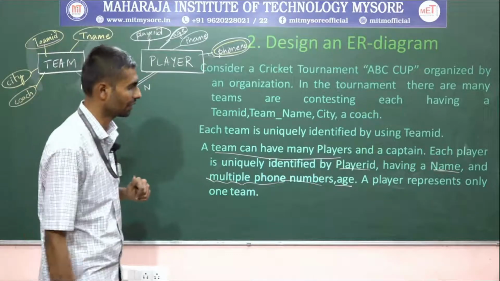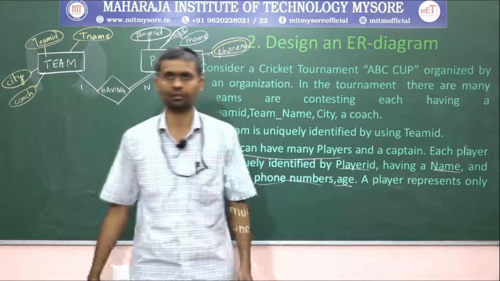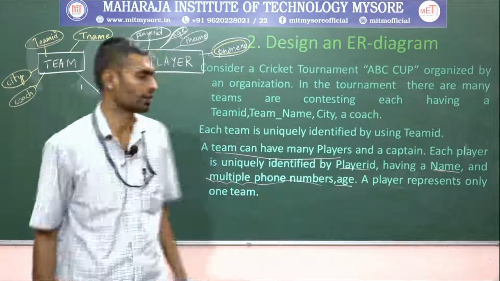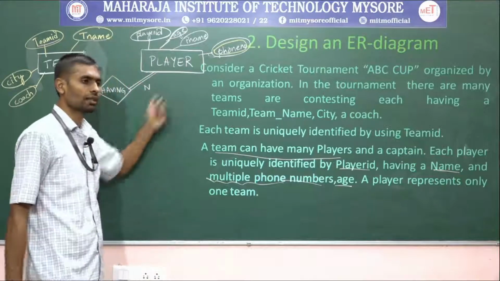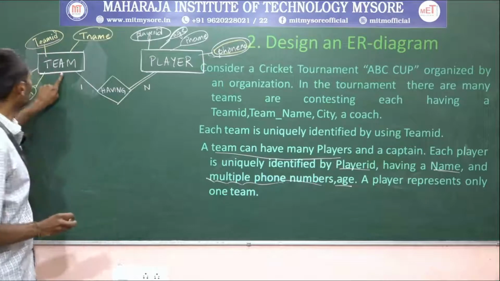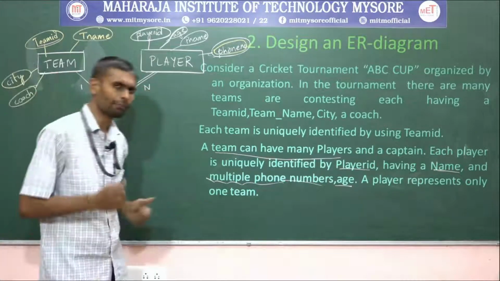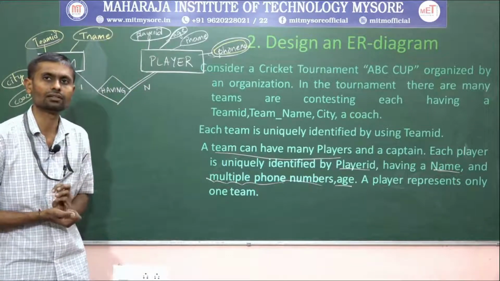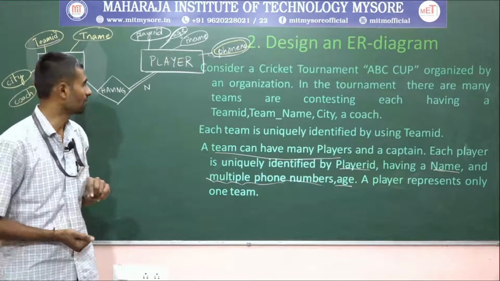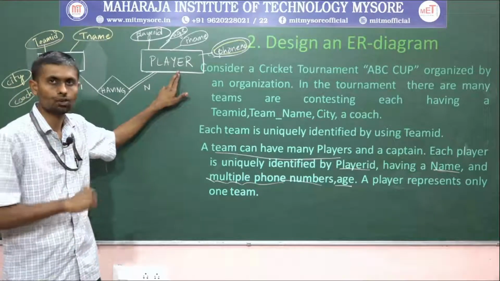Parallel solid lines. Fine. And one more, a team can have a captain, so that also we want to record. There are many ways to represent this. Here a team can have a captain. Team and captain. Where exactly is that captain present, guys? Captain is present in the player part, because a captain is also a player.